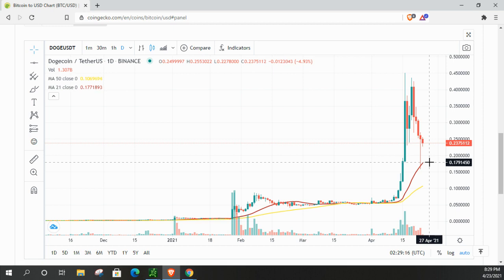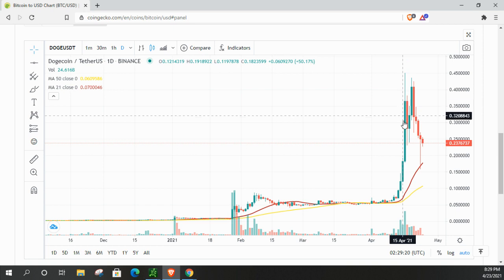So we may come all the way down to that 17-cent mark, and you can see here with that long green candle, we had a lot of strength off that level. I know it's a bit like throwing a hot dog down the hallway when it comes to Doge, because it can fluctuate like crazy. But just a couple key points you can possibly look at to trade off of.